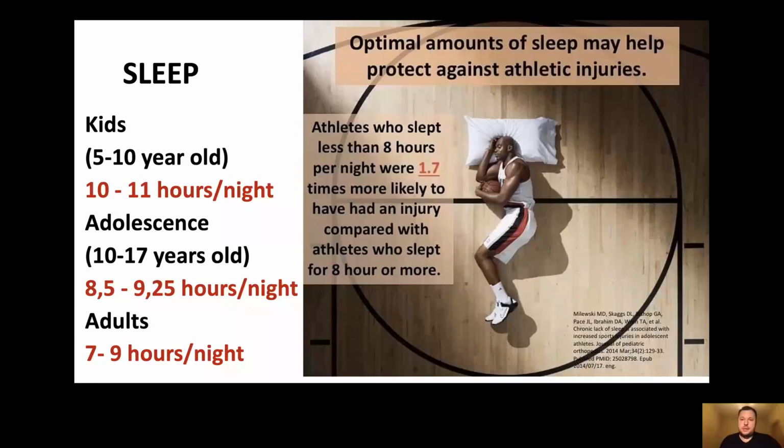And we have evidence that the amount of sleep is associated with the risk of athletic injuries. Athletes who slept less than 8 hours per night were 1.7 times more likely to have had an injury compared to athletes who slept for 8 hours or more. We know from researchers that kids from 5 to 10 years old should sleep 10 to 11 hours per night, adolescents from 10 to 17 years old should sleep 8.5 to 9.25 hours per night, and adults 7 to 8 hours per night.